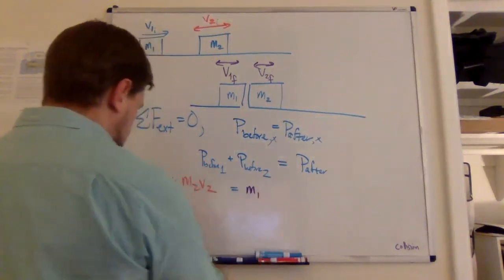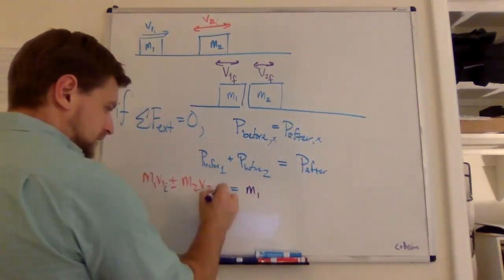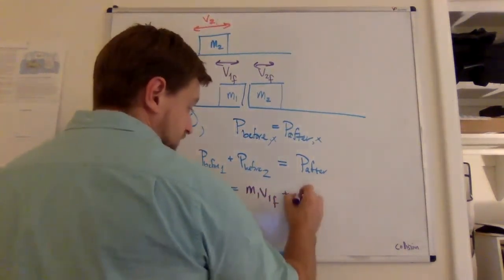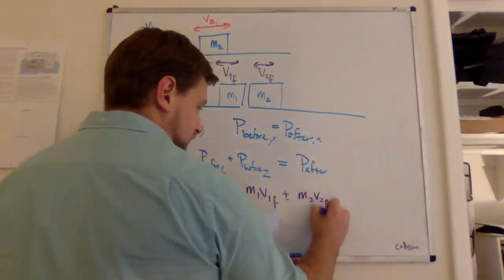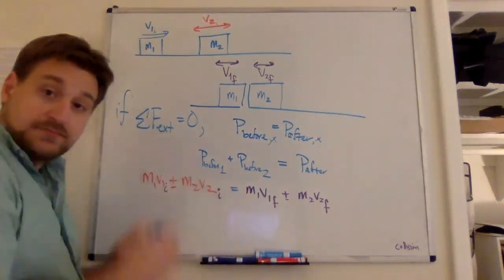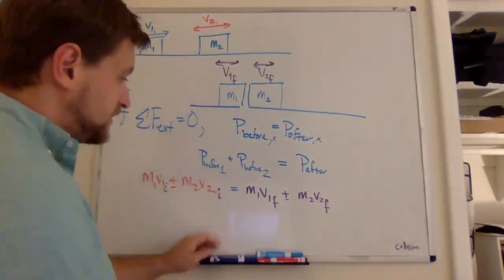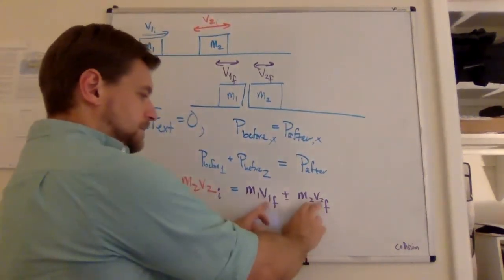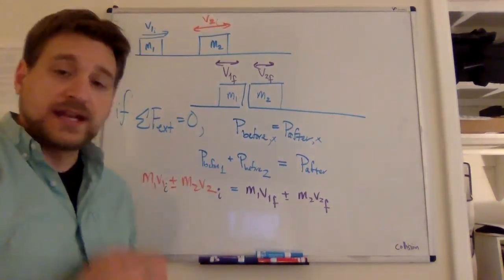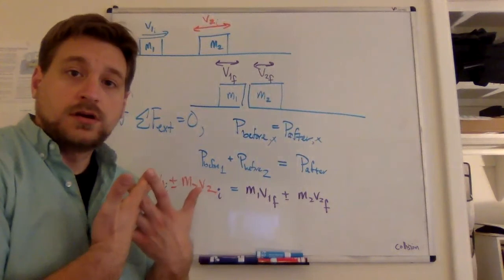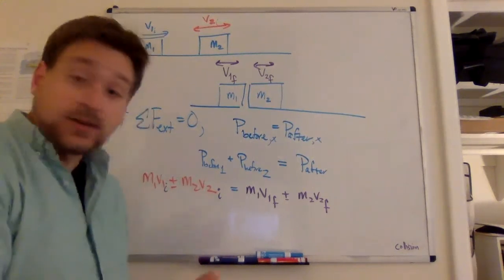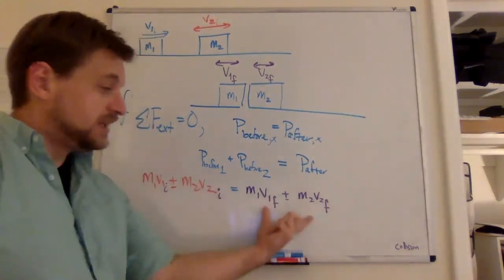M1 V1 initial, M1 V1 final plus or minus, I suppose, M2 V2 final. Now, we know all the quantities on the left-hand side, suppose they're given to us, which means we know the masses. But now there are 2 unknowns. And at this point, I have no place to go to get a second equation to solve a system in 2 unknowns.